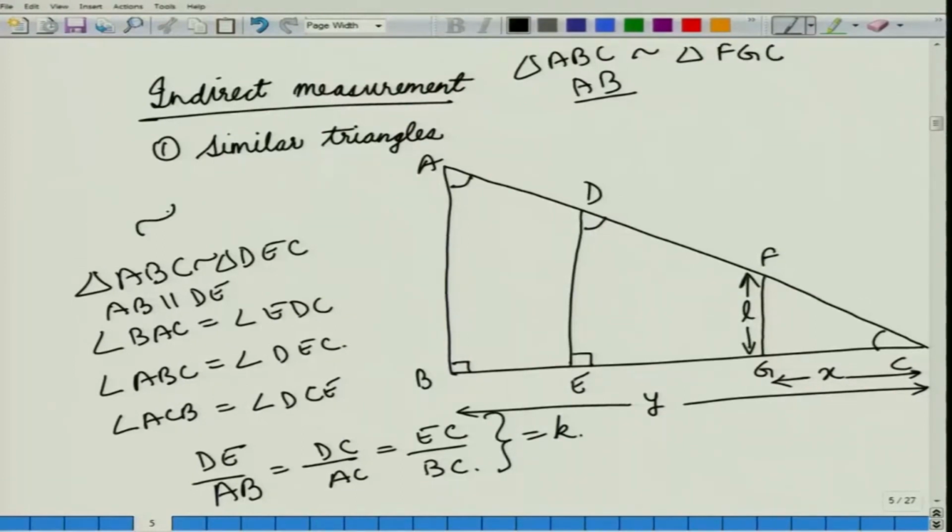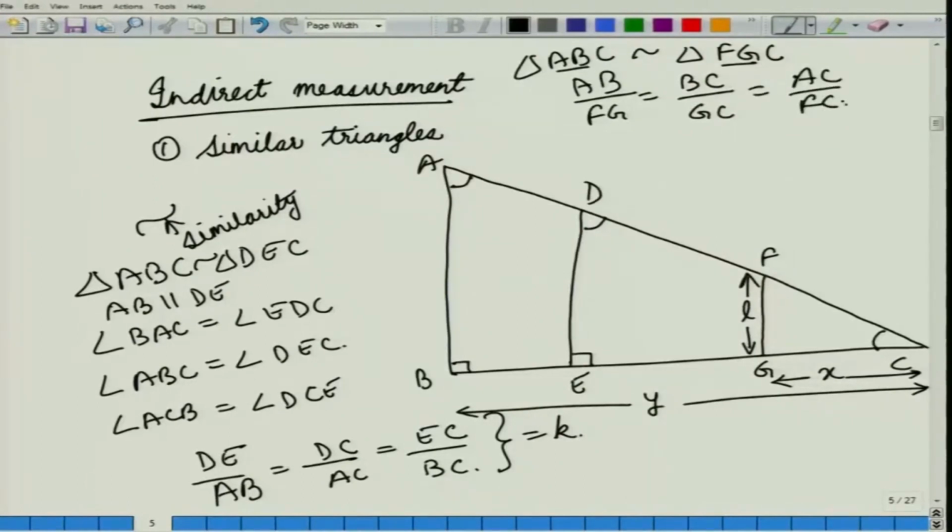Now, this symbol is the symbol of similarity. So, here also the proportionate sides would have a constant ratio. So, we have AB upon FG is equal to BC upon GC is equal to AC upon FC.